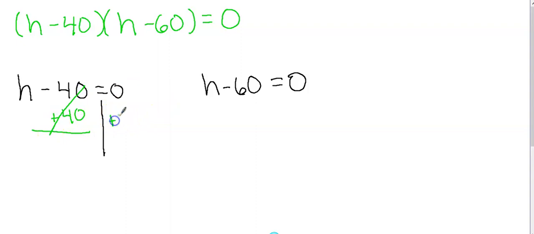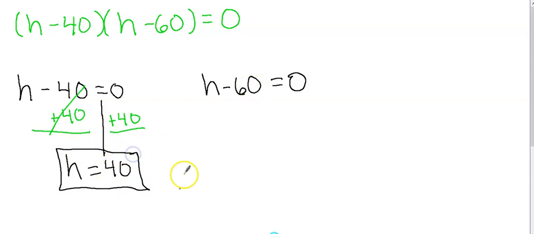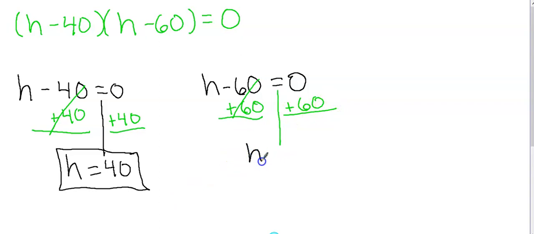I'm only allowed as long as I add 40 on the other side of the equal sign. So my new equation is h equals 40. Do the same over here. Add 60. If I add 60 to one side of my equal sign, I must add 60 to the other. So I have h equals 60.